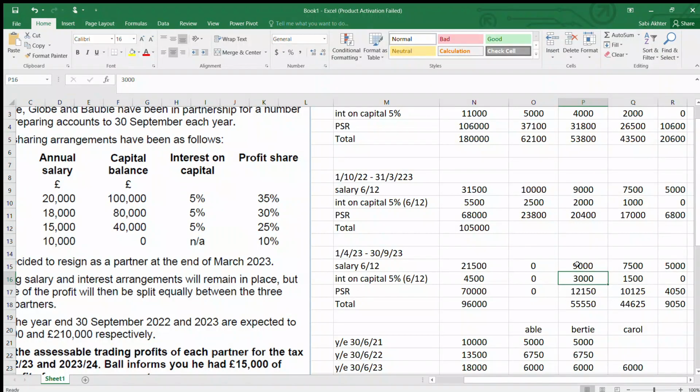Interest will be 2,000, 1,000, 0. Therefore 3,000. And then this will be 210,000. 210,000 for 6 months, 8,500. This will be divided equally.